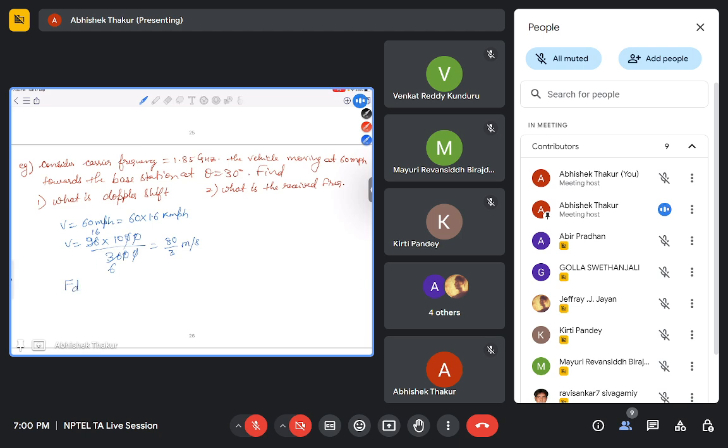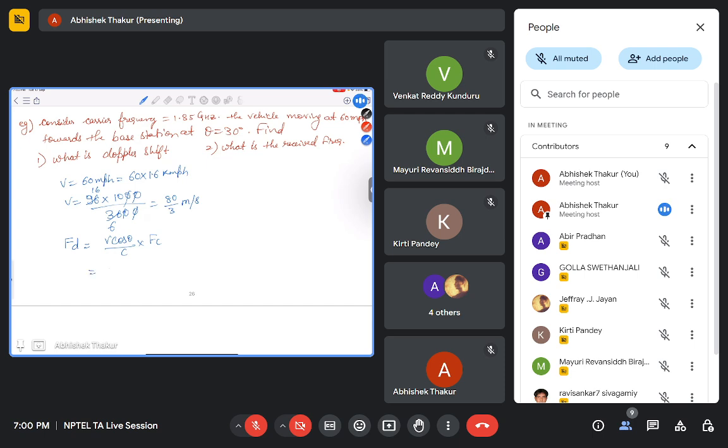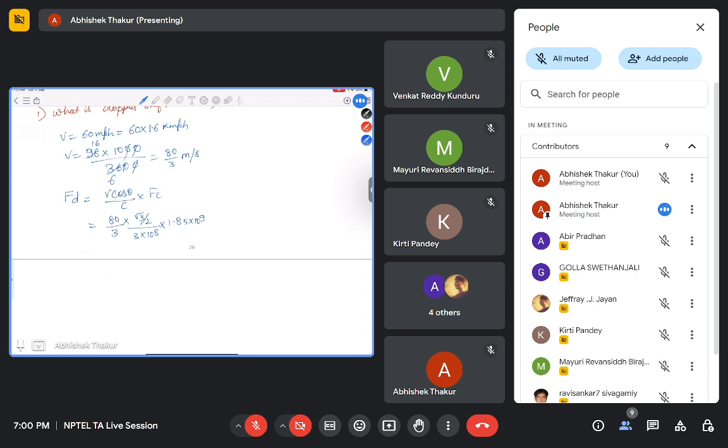Now we know that Doppler shift Fd is equal to V cos theta by C into Fc. So after substituting all these values, we will get 80 by 3, cos 30 degree will be root 3 by 2, divided by 3 into 10 to the power of 8, and Fc is 1.85 into 10 to the power of 9. So after calculating, we will get Fd is equal to 143 Hertz. So this was the Doppler shift.